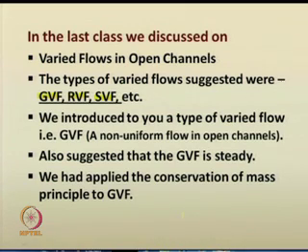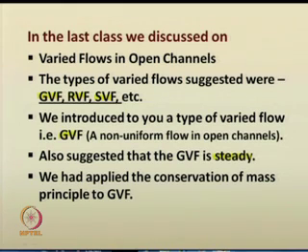However, we have introduced to you a particular type of varied flow, that is the gradually varied flow. We suggested that it is a non-uniform flow in open channels, and it also has a steady state condition. That is, the flow conditions in the channel are not changing with respect to time.